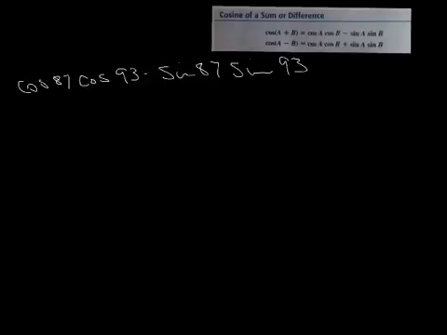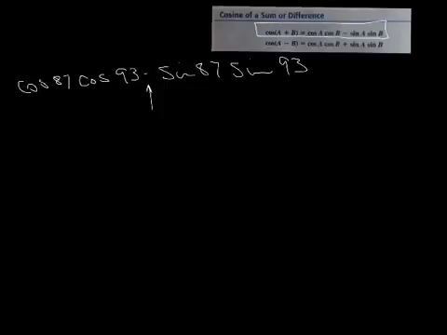Alright, bringing us to example 1, part C, which gives us the cosine of 87, cosine 93 minus sine 87, sine 93. Okay, so what we're going to do here is we're going to take that, because it's got a minus sign, and it looks like the second part of that one.